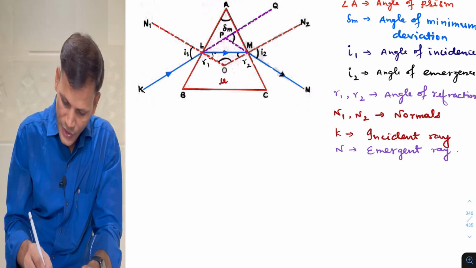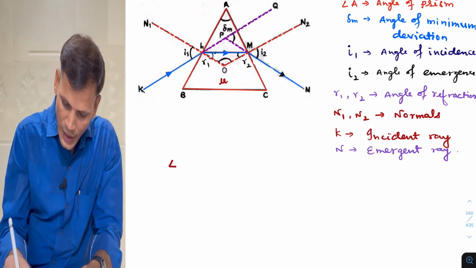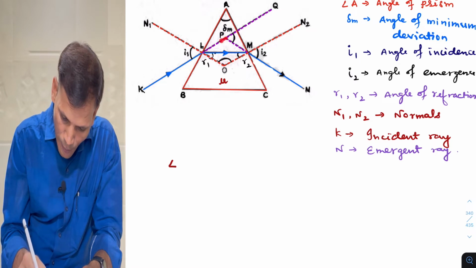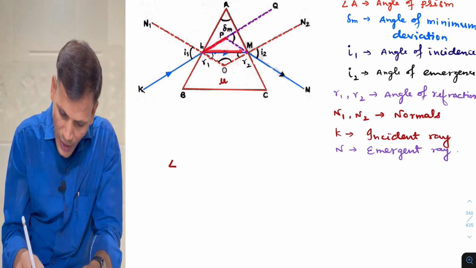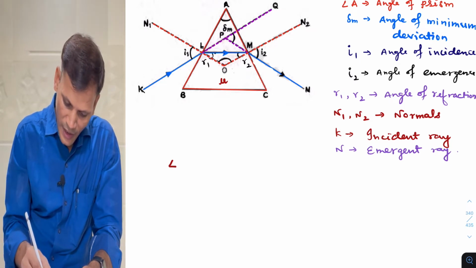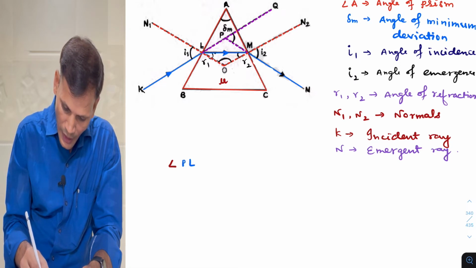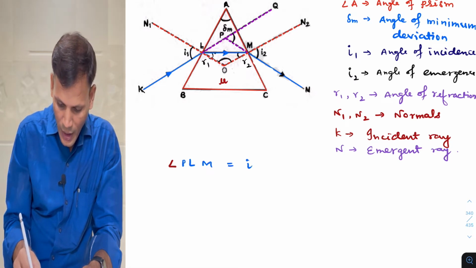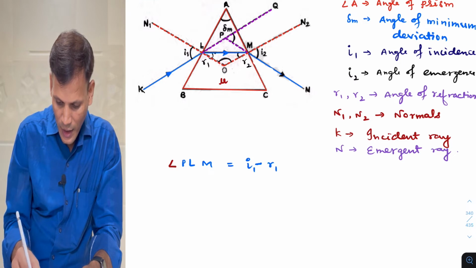So I can write angle PLM will be I1 minus R1.